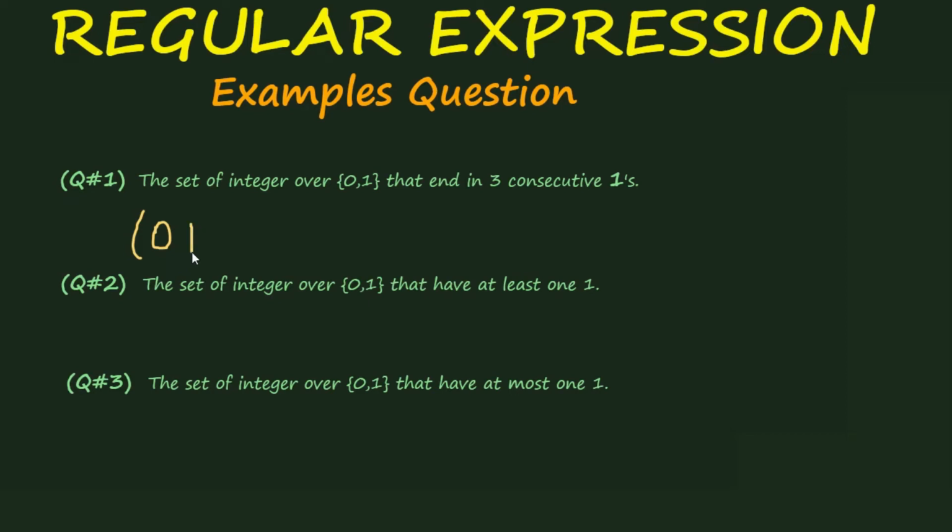So 0 plus 1, and Kleene closure applied, then 1 1 1. This is the answer of question 1.